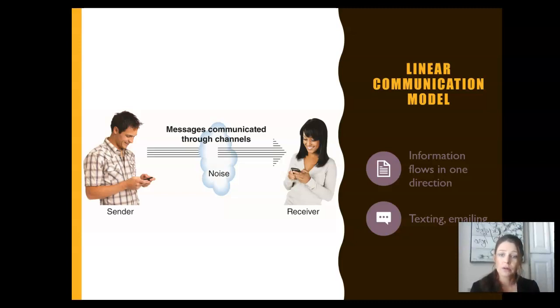So this model also accounts for noise, which is any factor in the environment that impedes messages from reaching their destination effectively. So this can be smoke, it can be a siren. In technology, it can be due to internet and data outages. So anything that impacts that message from getting where it needs to be effectively is considered noise.